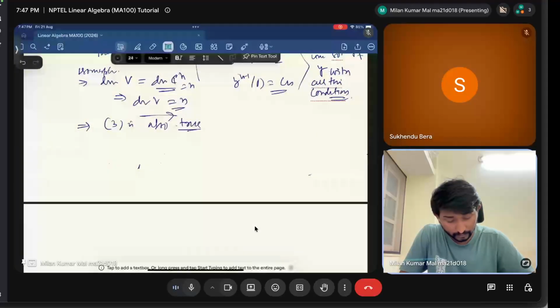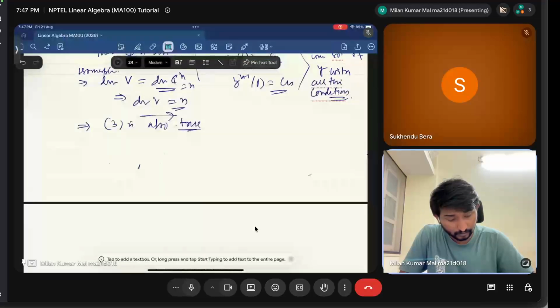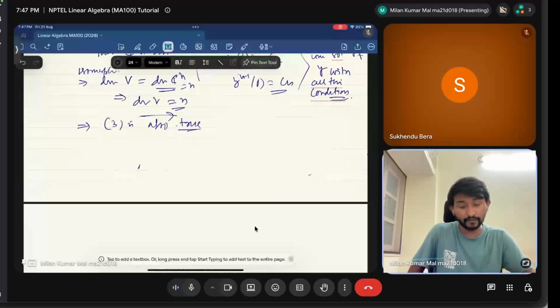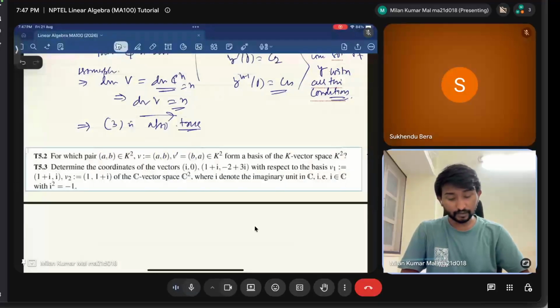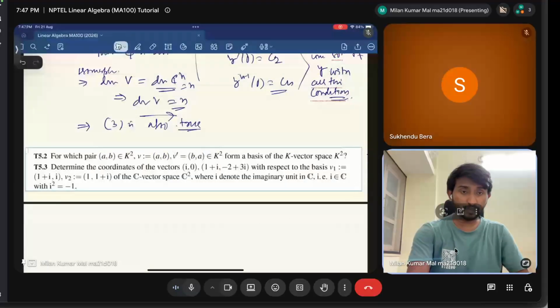So what does this problem say? For which pair A and B in a field K, let's take K a field, and v equals (A, B) and v' equals (B, A).